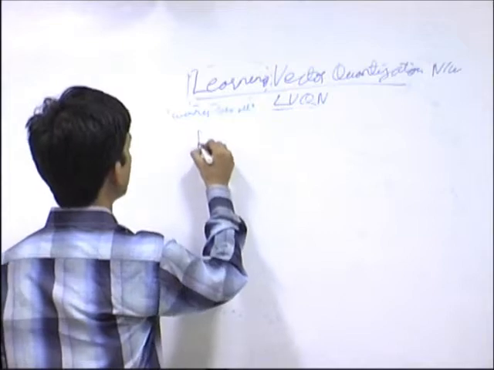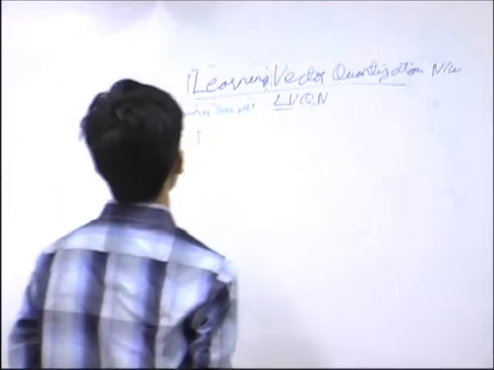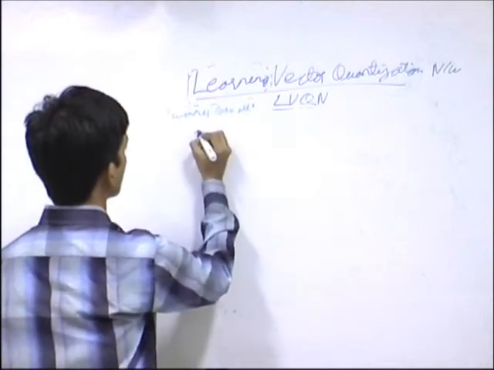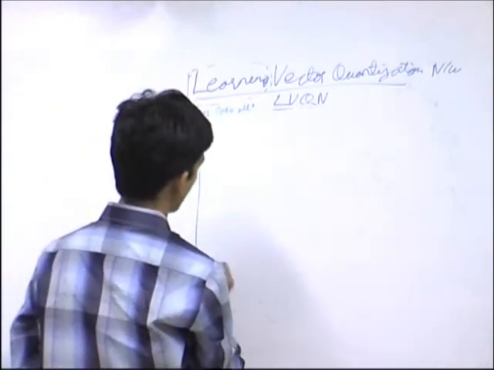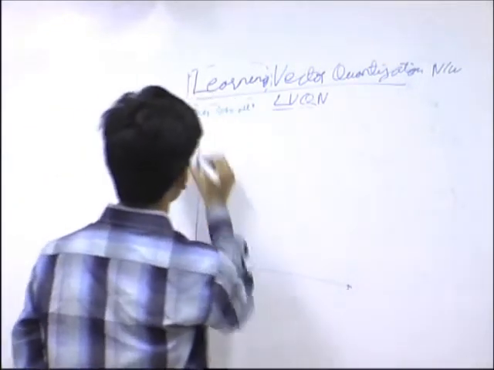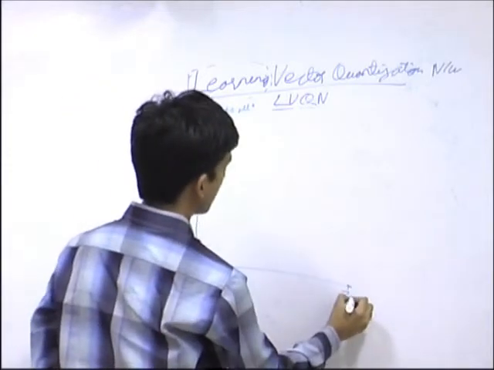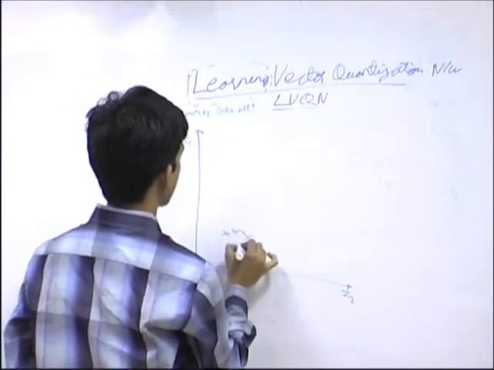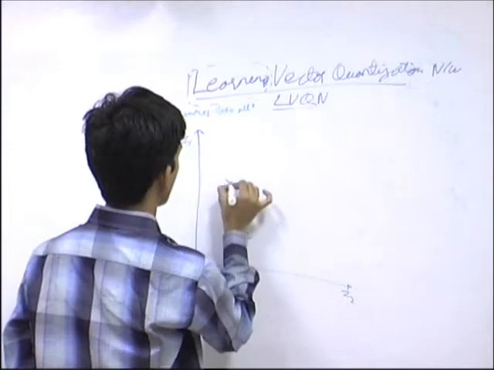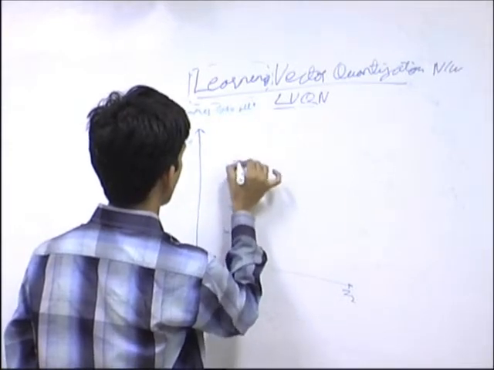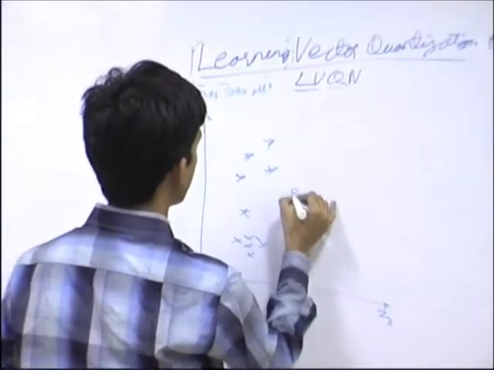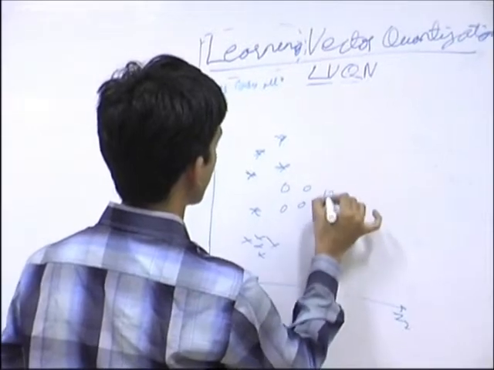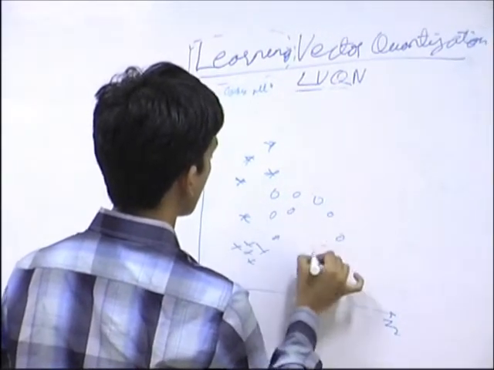So let me now draw what I refer to as the classificatory space. These are some input I1, these are some input I2, and various classes drawn over here. Let me say this was my first class, let me say this was where my second class was found.